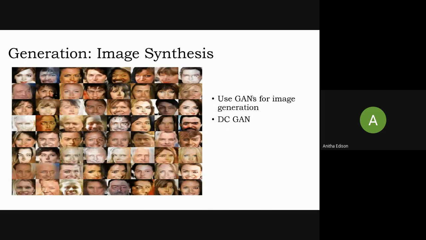A computer was trained on a set of face data, and then when a noise was given, it was supposed to generate a face image that it has never seen, and the person doesn't exist. So that was the first thing that computers did in the generation part.